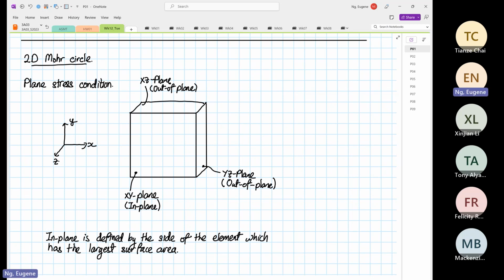Now each surface will have a normal stress, which I'm going to draw now. So this is stress X, because it's moving in the X direction. Over here, this is stress Y, moving in the Y direction.